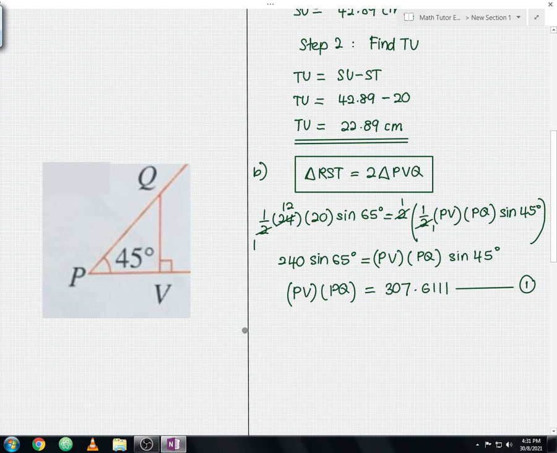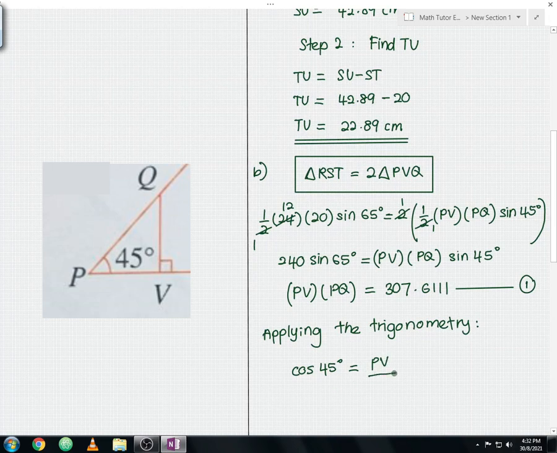Applying the trigonometry, cos 45 degree will be equals to adjacent, in this case your PV, divided by the hypotenuse PQ.